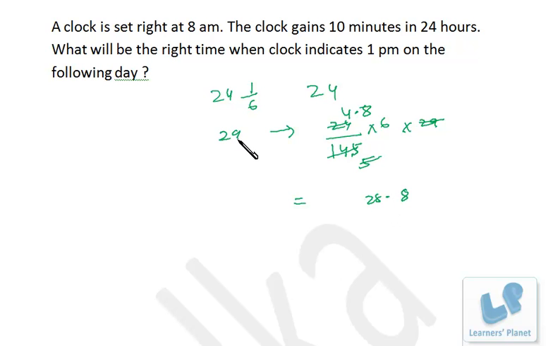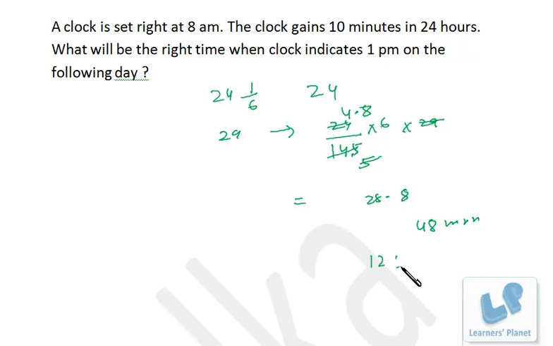So when this clock moves for 29 hours, the right clock moves for 28.8 hours. So 0.8 hours is actually 48 minutes. That means the right clock will move for 28 hours, 48 minutes. That means actually the time is 12:48 when this clock is showing 1 p.m.